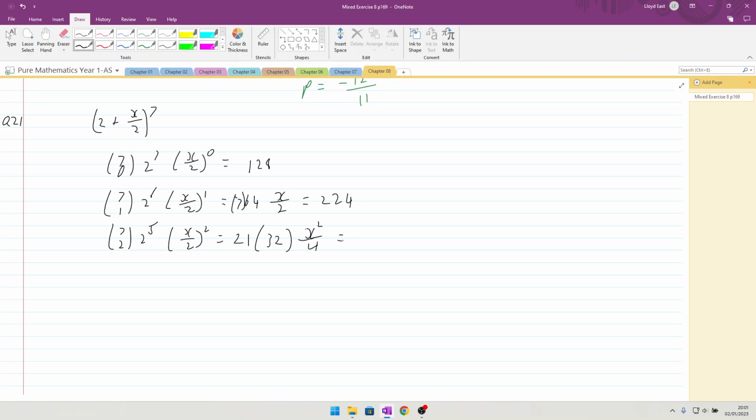So 21 times 32 is 672, divided by 4 is 168x squared. This one should be just x. So we end up with 128 plus 224x plus 168x squared. There's the first 3 terms of that, part A.